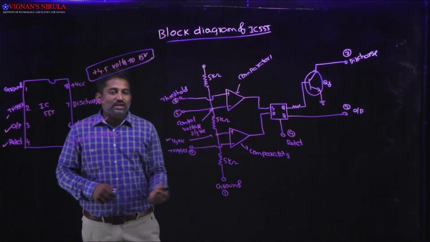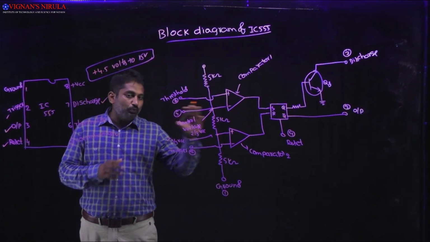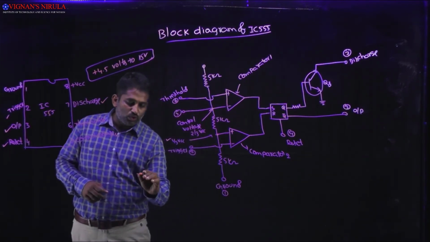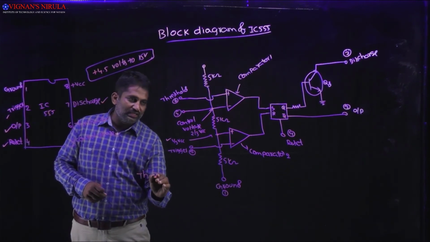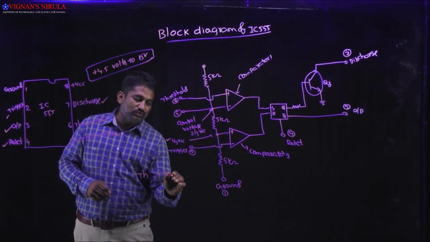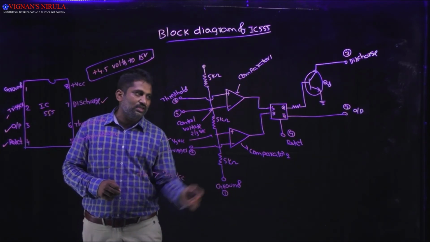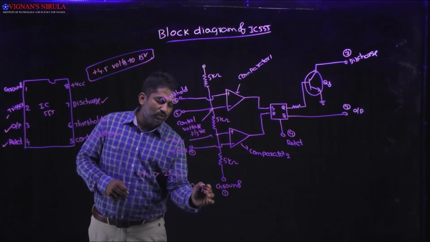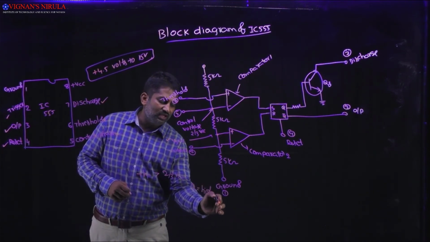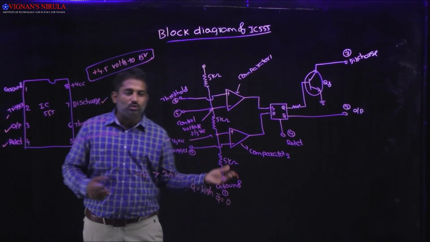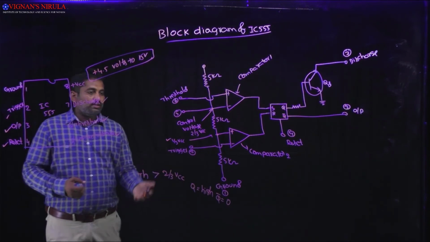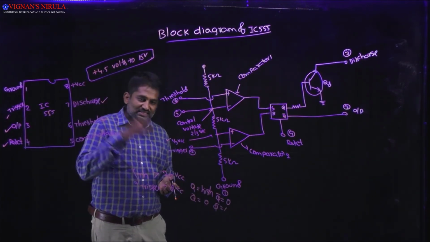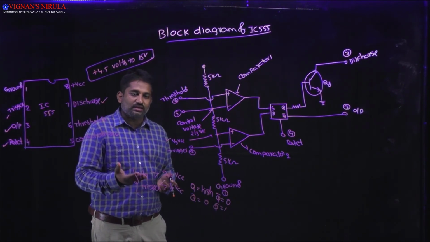When the output of the flip-flop is high, that is when the threshold voltage is greater than the control voltage, which is 2/3 VCC, then Q will be high. Once Q is high, automatically Q bar is equal to 0.